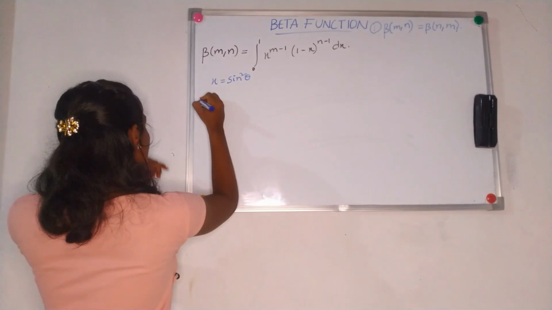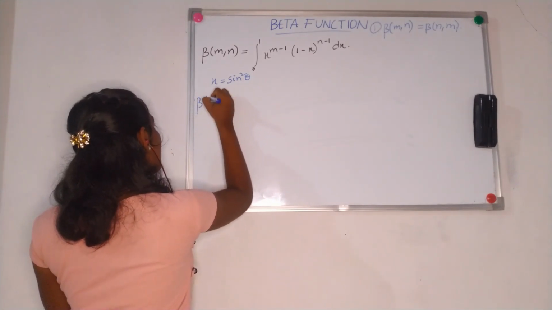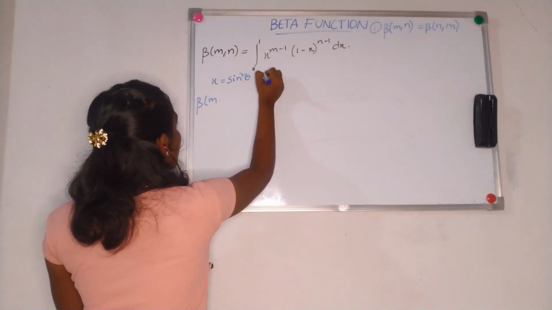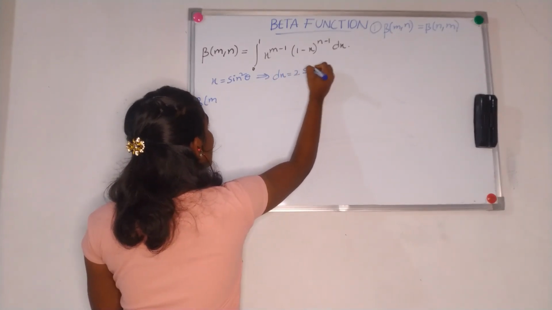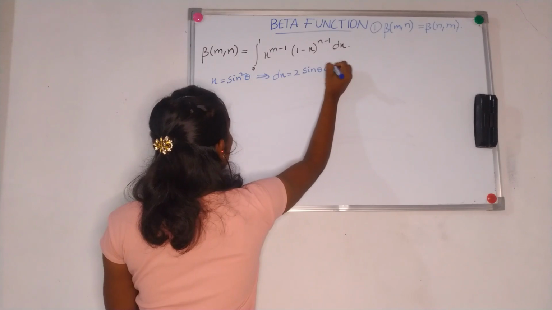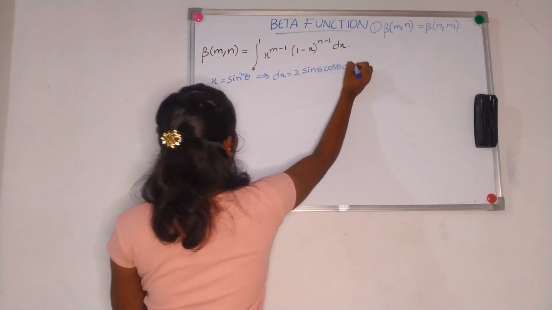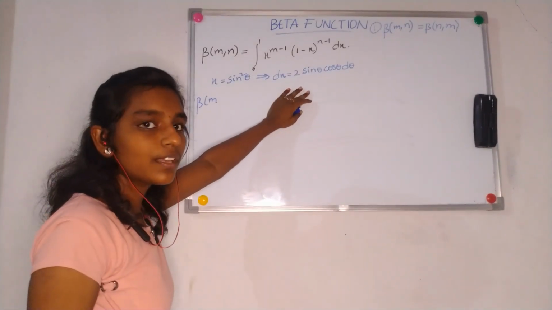Now you have to substitute every value. So from this what would you get? dx is equal to 2 sine theta cos theta d theta. Am I right?